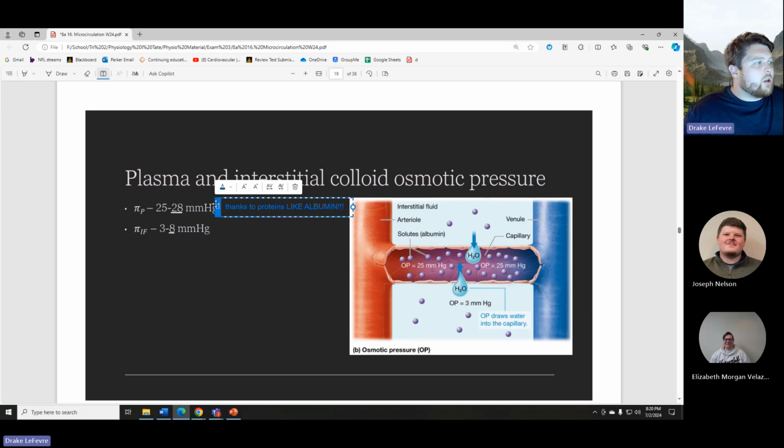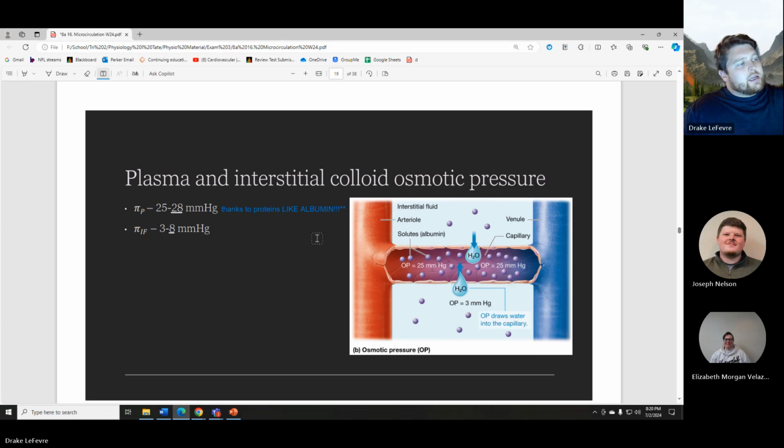And that is always a test question. Always, always, always a test question. What's the protein, or what's responsible for maintaining the osmotic pressure inside of the capillary, or maintaining the plasma osmotic pressure? Something like that it's going to ask. And this is our albumin.